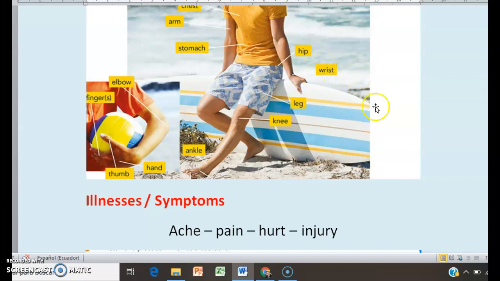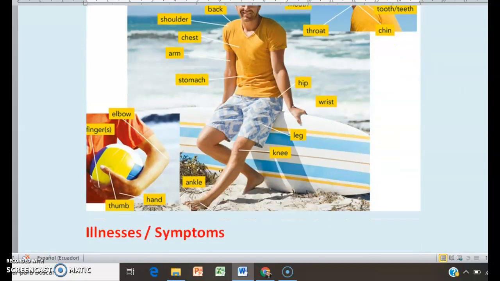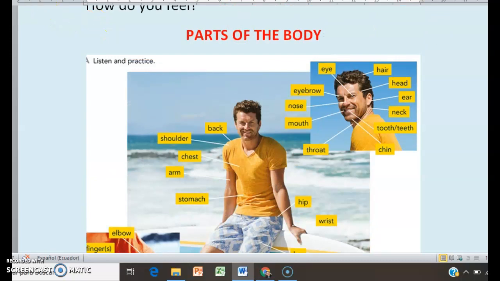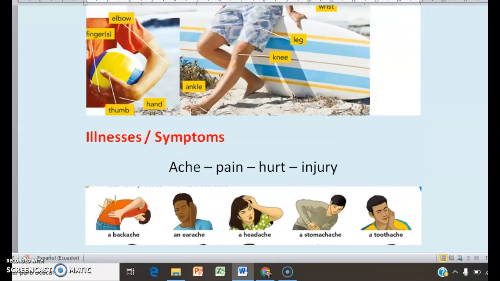Parece que le dijimos a wrist. Okay, this is the correct pronunciation of these parts of the body. Okay? Excellent. Okay, so maybe we are going to continue, okay?